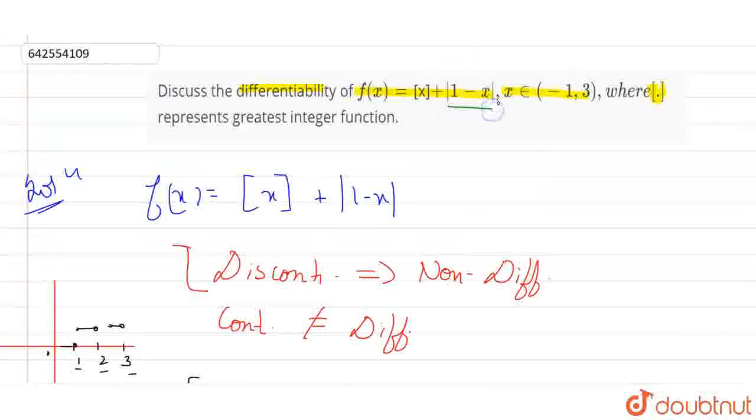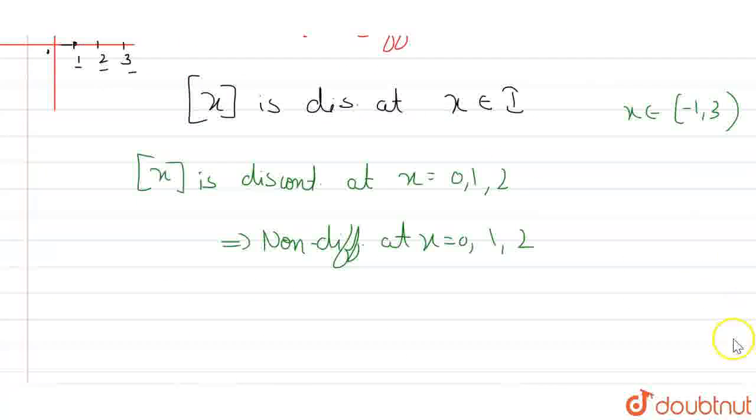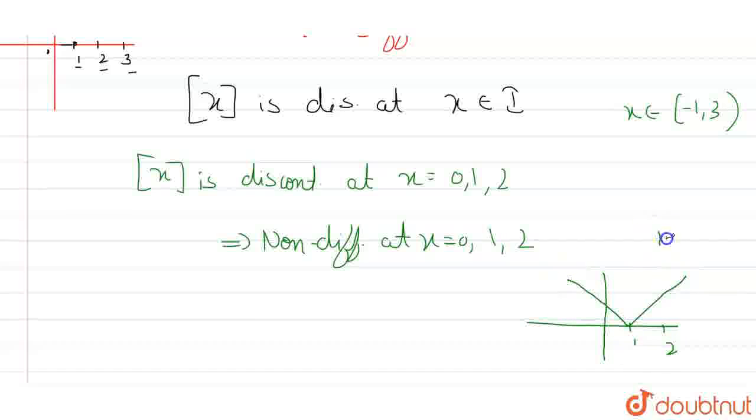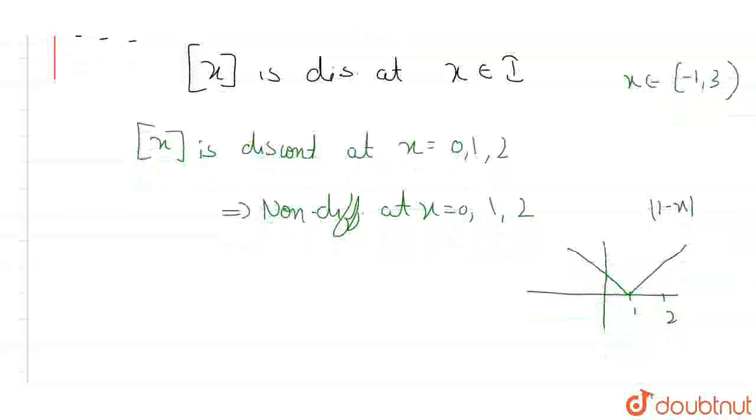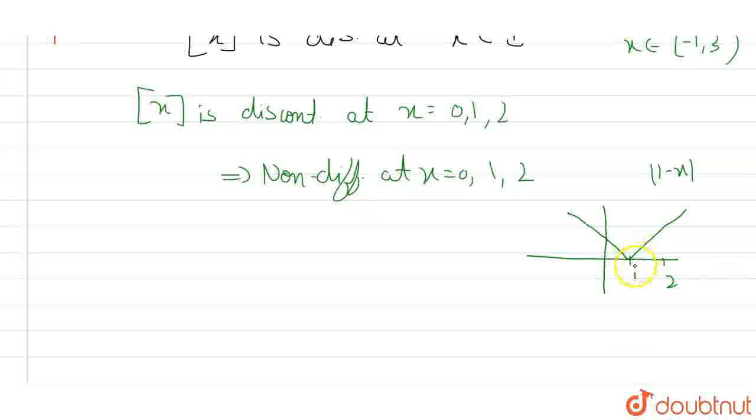mod of 1 minus x. Let me explain it for you. If I have a graph like this, this is our 1 minus x, this is 1, this is 2. Then there will be something like this, the graph of |1 − x|. So this function will be continuous at 1, because the LHL and RHL will be the same, having value 0 because x becomes 1.